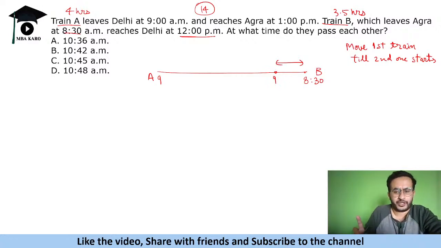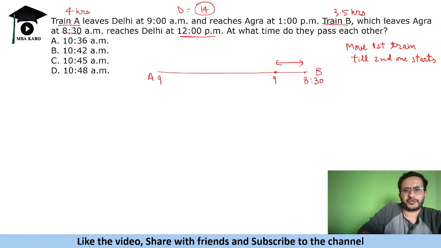Okay, all right, so let's do one thing, right? So we took the distance is equal to 14, so this is the time, so the speed will be 3.5, and its speed will be 4. Okay, so train B is traveling at a speed of 4. In half hour, that is 30 minutes, it will cover a distance of 2.